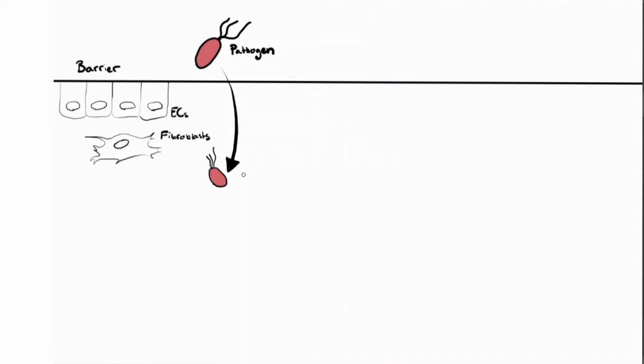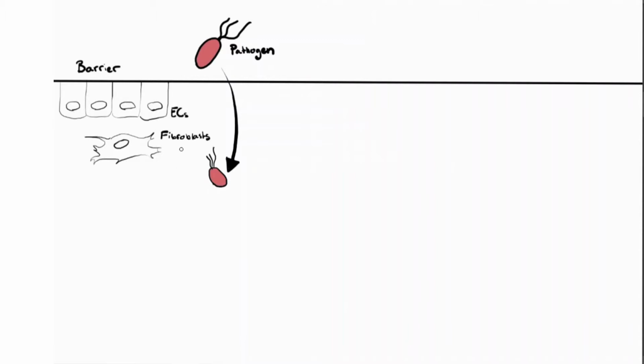It's basically on the other side now through an injury or something. And the first thing this pathogen is going to encounter is a bunch of stromal cells, or basically cells that make up the actual barrier. And they are maybe not directly immune cells, but they are for sure part of the innate immune system.